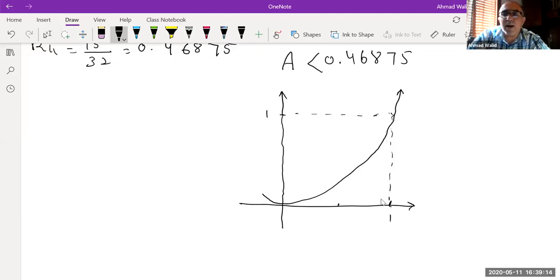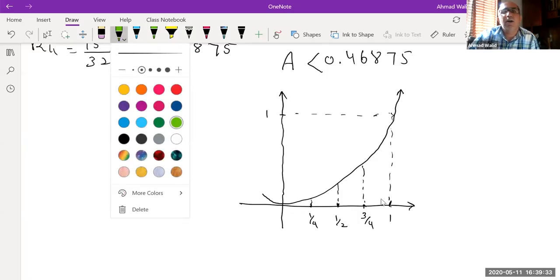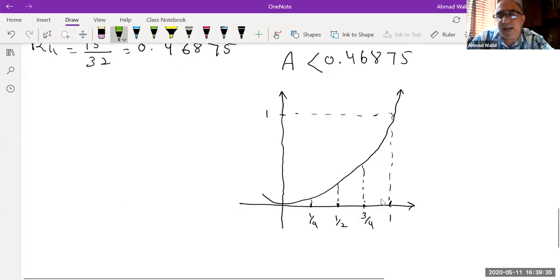And again, here 1/2, I will divide into 4 equal pieces. Here 1/4, here 3/4. Correct? Let's draw our lines. Let's divide the area. This time, I will connect the left endpoint to the right, correct?